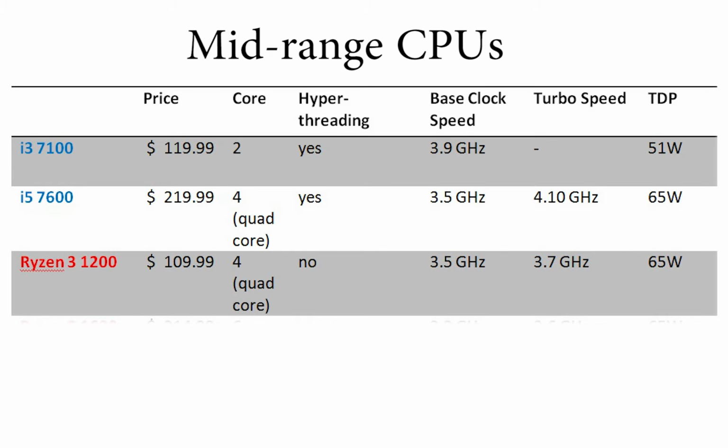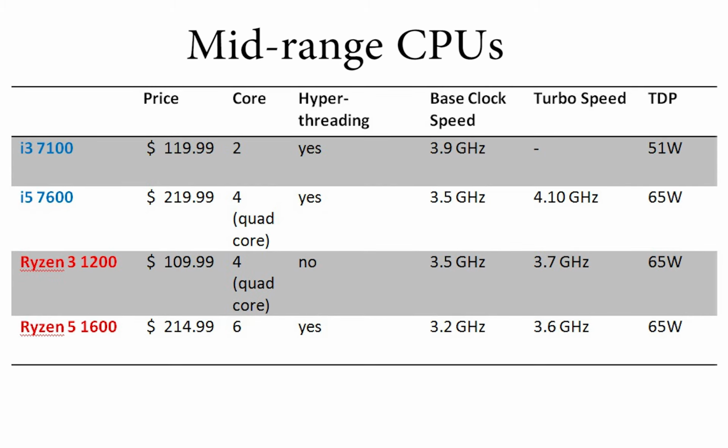The AMD equivalent is the Ryzen 3 1200, quad core with no hyperthreading and a base clock speed of 3.5 GHz and 3.7 GHz turbo speed, while the other one is the Ryzen 5 1600 with 6 cores with hyperthreading that runs at 3.2 GHz and 3.6 GHz turbo speed.